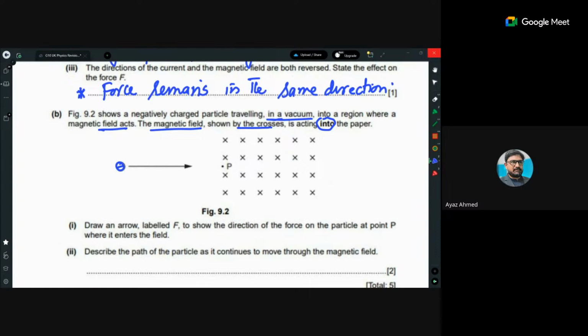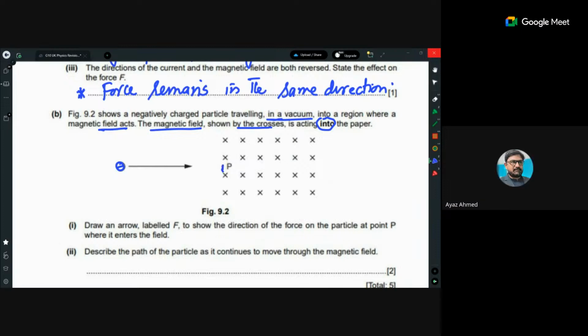What is the direction of your thumb? The thumb is pointing upwards, but this is an electron, so the direction of the force should be downwards. Yes, it would be deflected downwards.